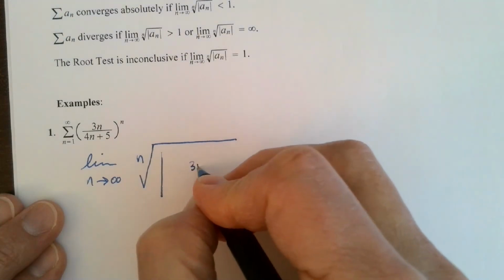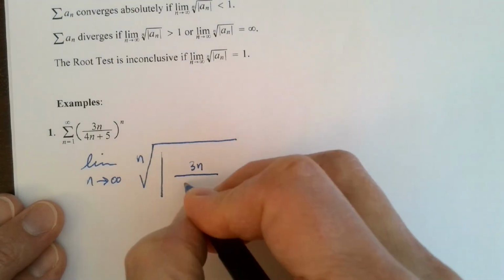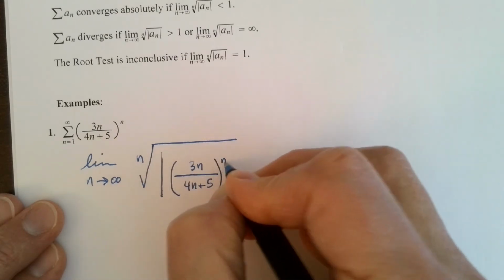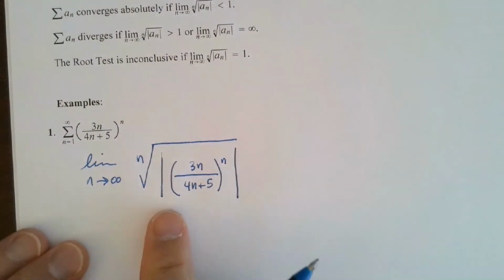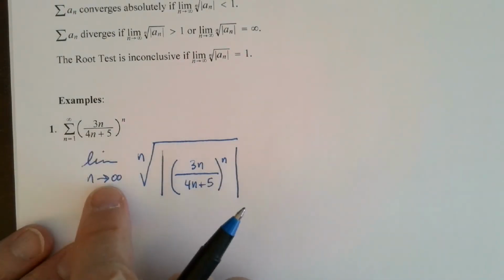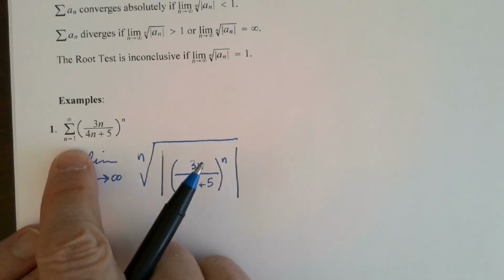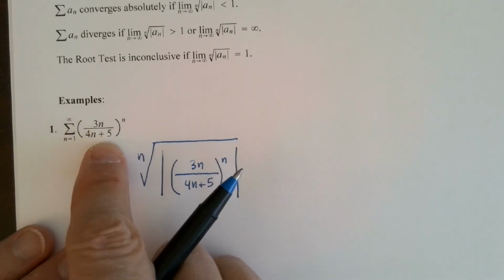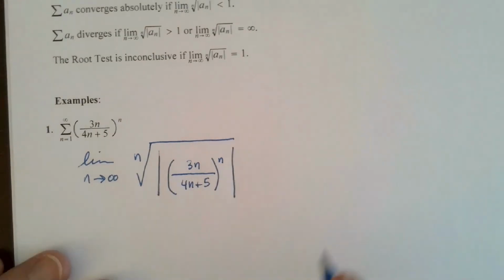A sub n is 3n divided by 4n plus 5, all to the nth power. Okay. Now I've got the absolute value bars in here, but if you think about it, for this expression, for any value of n that's greater than or equal to 1, this is always a positive number. So the absolute value bars we can just get rid of.